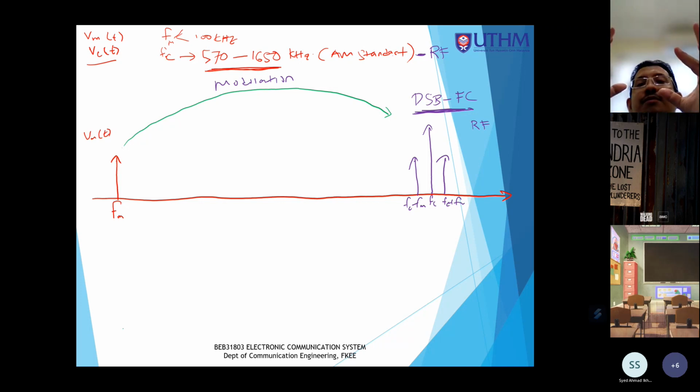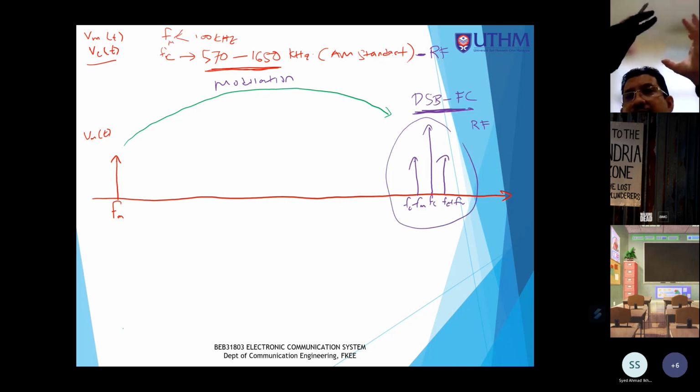Yang mana apabila kita receive double sideband full carrier ini by the receiver, so what will the receiver do? Tadi kita lihat receiver akan buat demodulation, menghasilkan frekuensi asal.